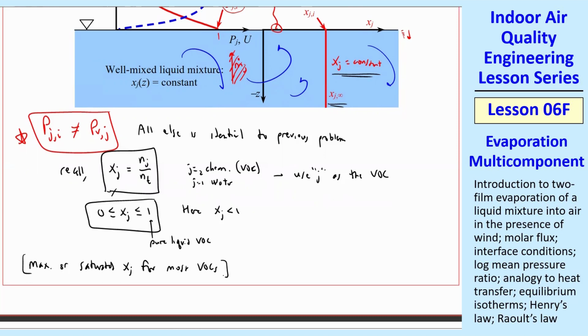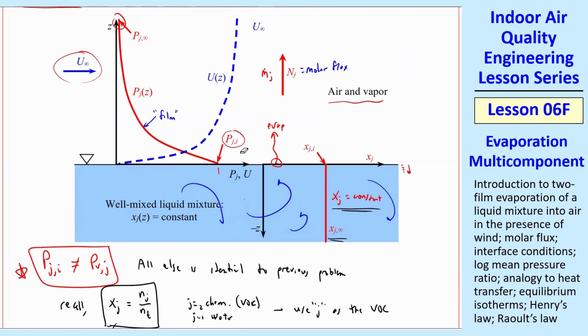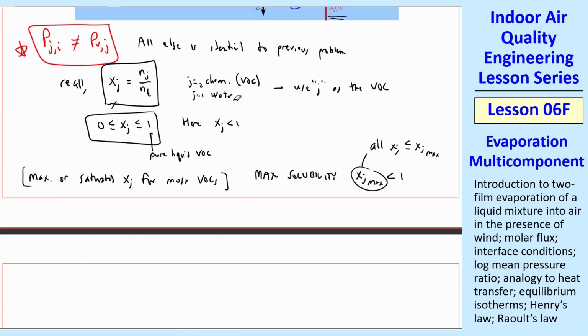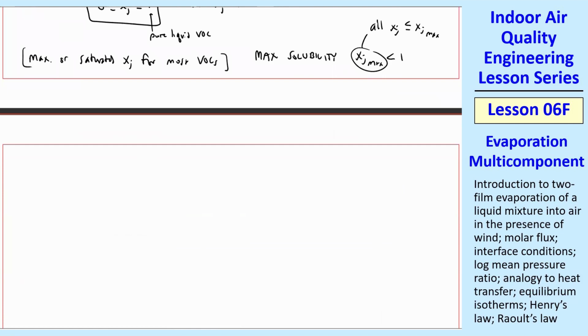If you take salt or sugar or some other chemical and you try to keep dissolving more and more of it in water, you get to a point where the water just cannot absorb any more of it, and so it'll settle out. So there's a maximum solubility. So the xj max is going to be less than 1, of course, but it'll be some value, so all xj's will be less than or equal to xj max. The PJI here is not equal to PVJ, so how do we calculate that? That's going to be the question now.